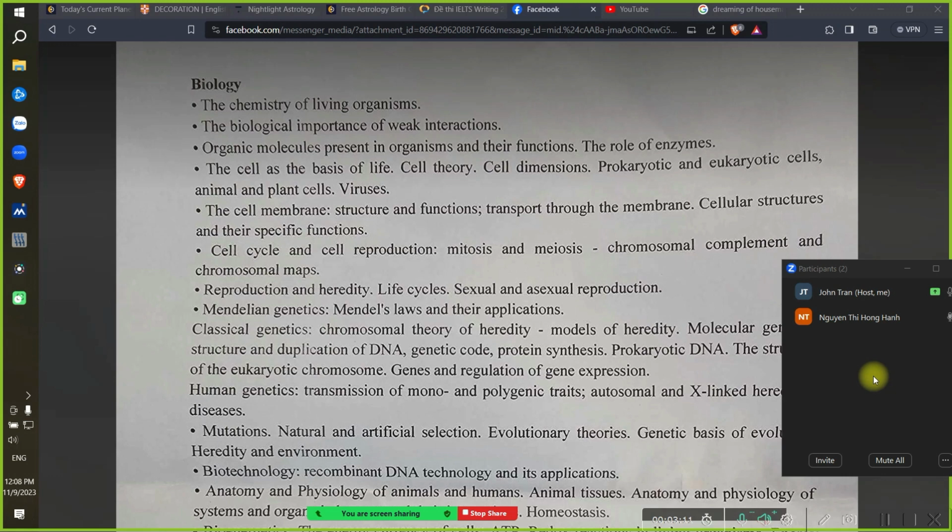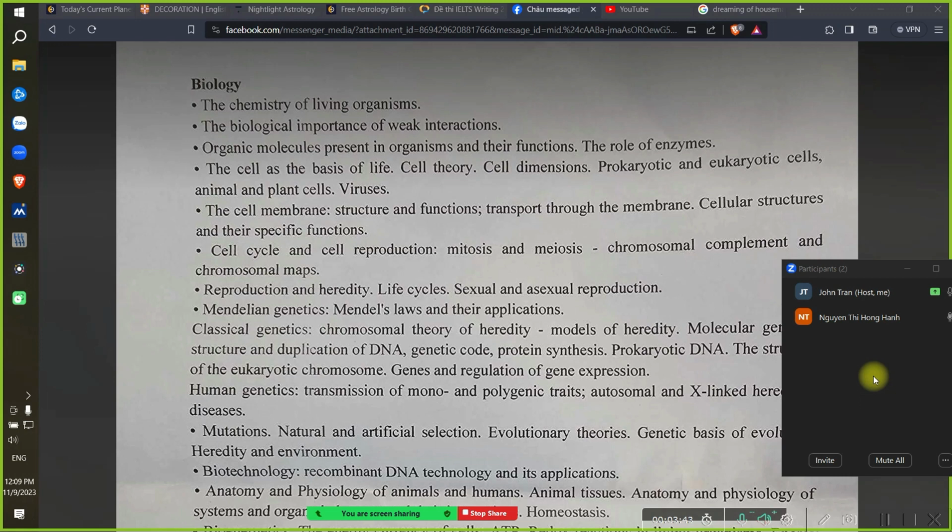There is a word to describe the dual nature of phospholipid. That is amphipathic. So we can say that phospholipids are amphipathic because it is a molecule with hydrophobic and hydrophilic parts.